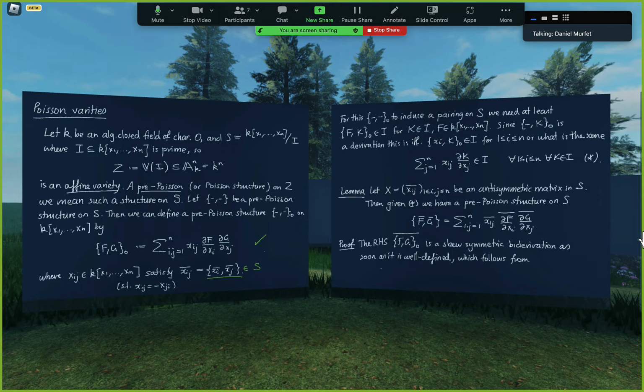But that follows from the fact that if I were to change the representative by an element of I, then take the pairing, and stick it back in the quotient, well, by linearity, that's this, and then by star, that second element is in I. So that's what I started with.